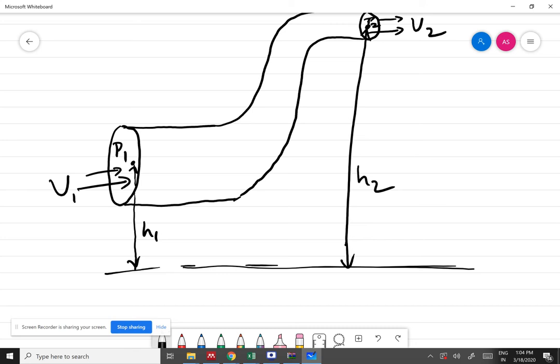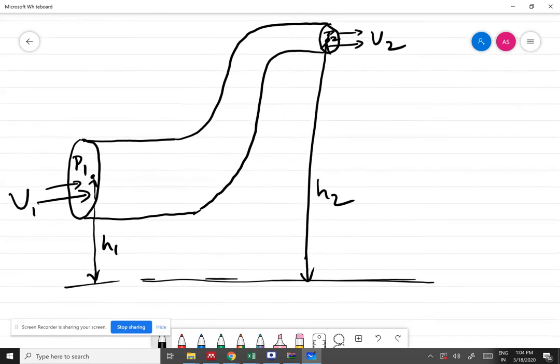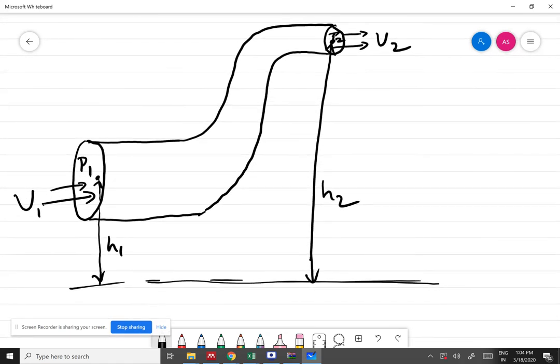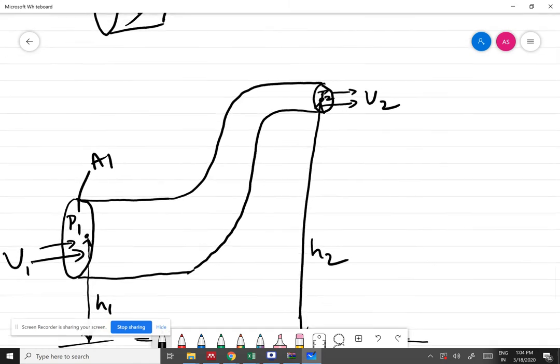The area of cross section here is A1, and the area of cross section here is A2.